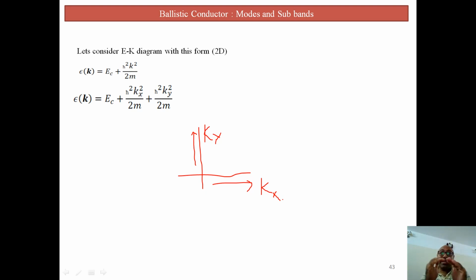Since ky is a discrete value, each ky value gives its own parabolic E-k diagram.